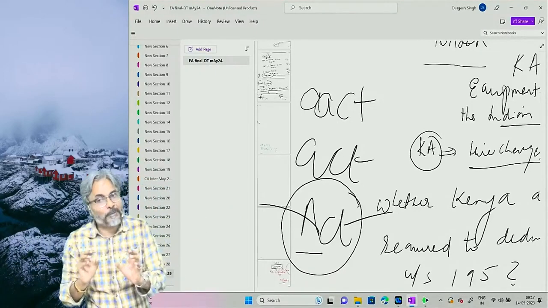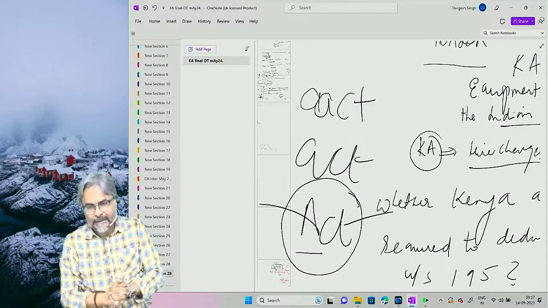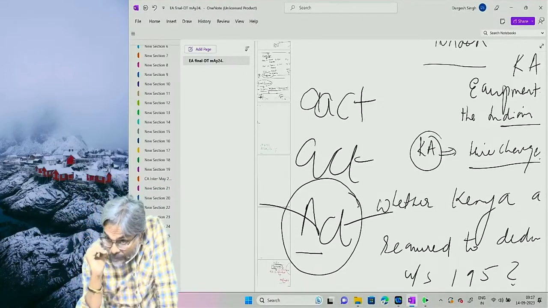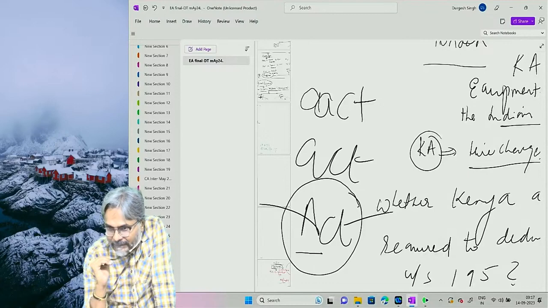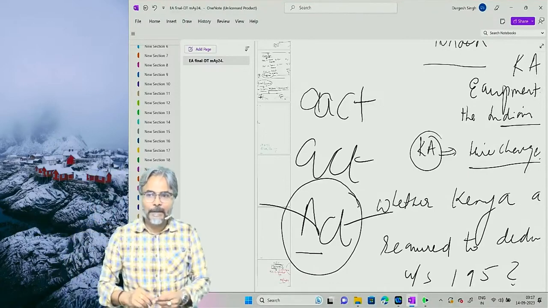Therefore, keep these small points in mind because these are very critical points, and underline those key pointers. Fine? Please start writing.